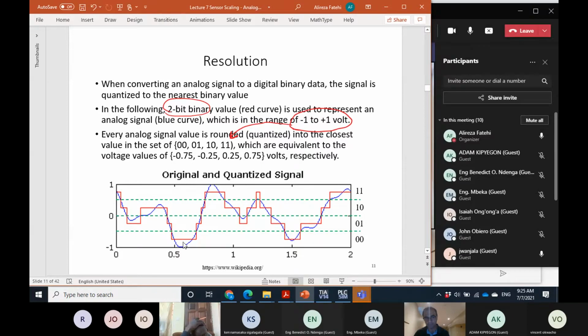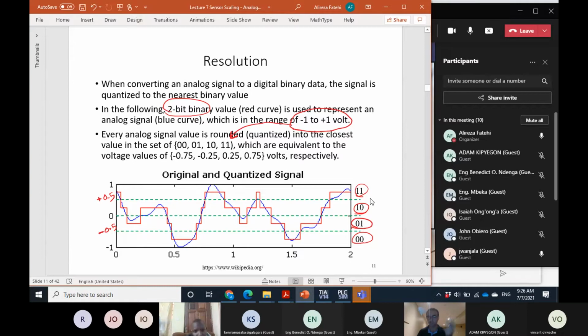For any value in the range from -1 to -0.5, it is represented by 00. Any value between -0.5 and 0 is represented by 01. Any value in this range is represented by this, and any value in this range by this, because there's no other binary value in a 2-bit binary.